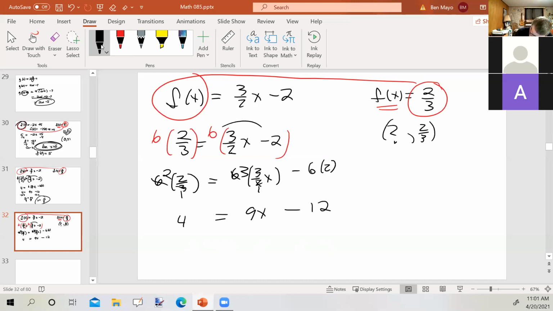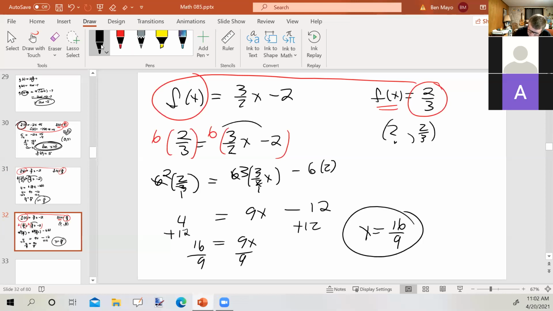To solve for x, I'm going to add 12 to both sides of the equation. 16 equals 9x. Then I'll divide both sides by 9, so x equals 16/9, which does not reduce. So basically f of 16/9 equals 2/3. Okay with that?